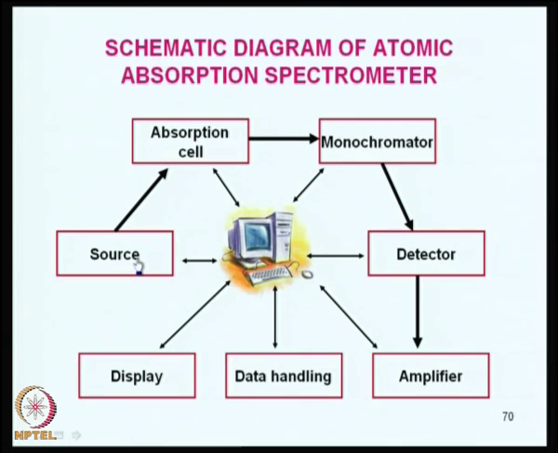So, let us proceed to our discussion on the sources. The radiation sources we have are the hollow cathode lamps, that is one type of radiation source.